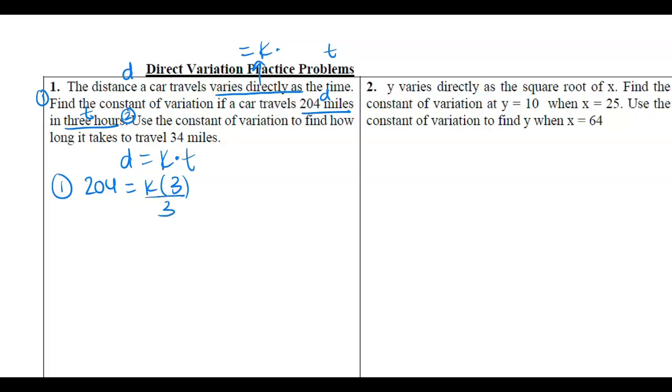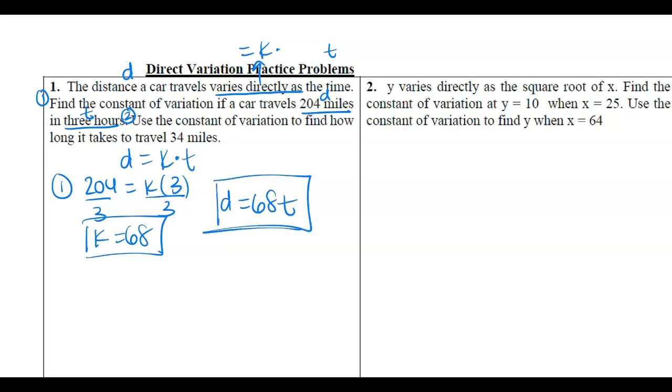I'm going to divide both sides by 3. And I don't know that in the back of my head. 204 divided by 3 is going to give me 68. That's my k value. So my equation that I need to use is d equals 68 times t. That's the equation that they want.